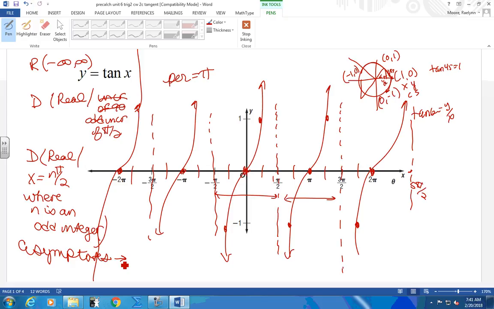So what are my asymptotes? X equals n pi over 2, where n is an odd integer. These are my asymptotes. Didn't you say don't use those? Except, that little slash line means except.